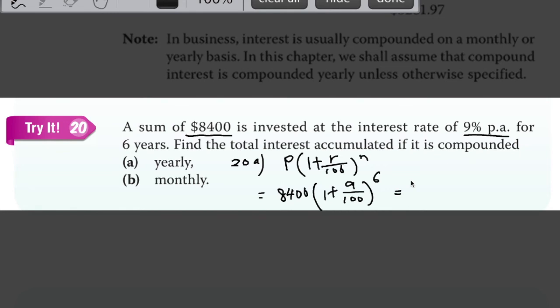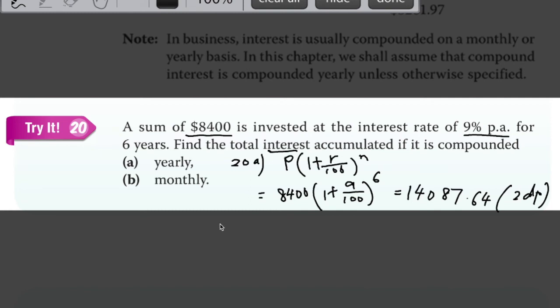But the question is tricky. Students always get tricked at this kind of question because you will just stop here and say the answer is 14087.64 to 2 dp. But you shouldn't stop here because they're asking for the total interest accumulated. They want the interest, not the total sum.